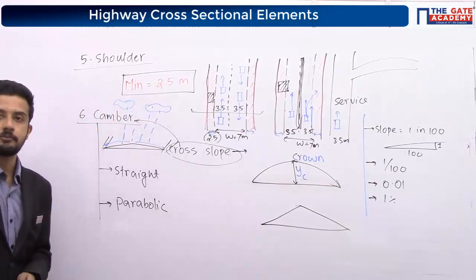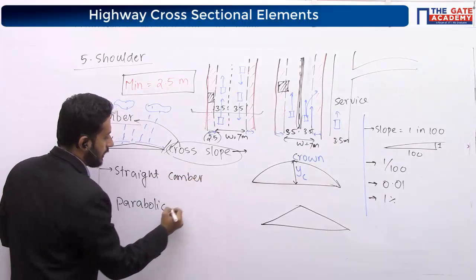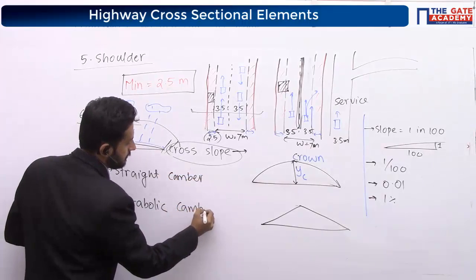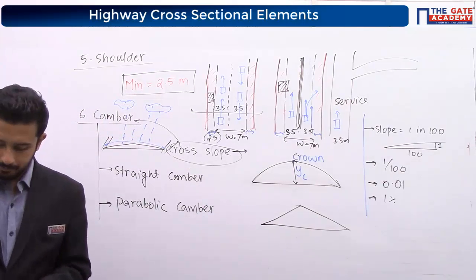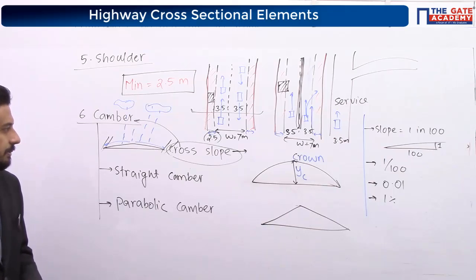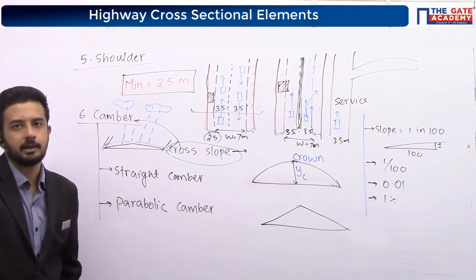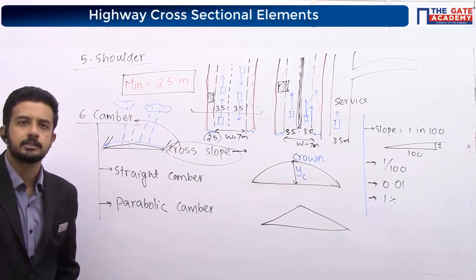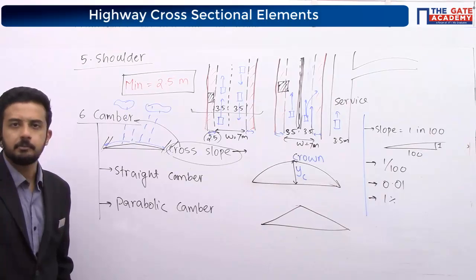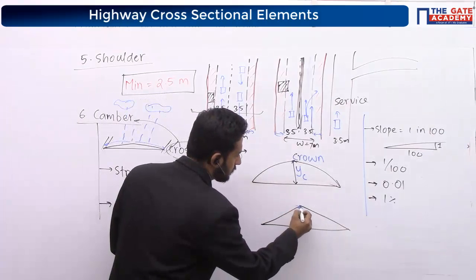The shapes of camber: straight camber and parabolic camber. Can you tell me which camber may be good, straight camber or parabolic camber? Which shape may be good for vehicles? Here also I can represent this as YC.